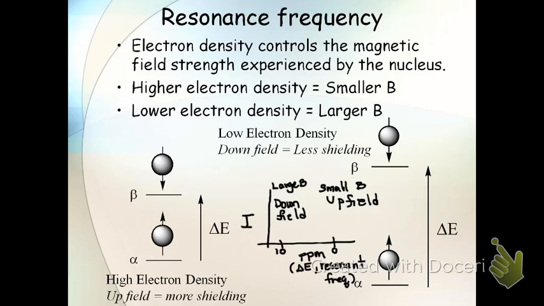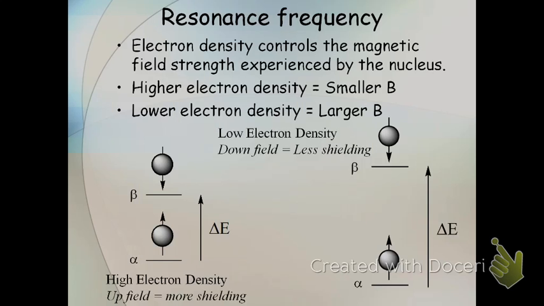So if you have less shielding, the separation is larger, you're shifted further to the left. If you have more shielding, your separation is smaller and you're shifted more to the right. And I just realized on this slide I should probably flip those things so they make more sense. But that's sort of the idea.